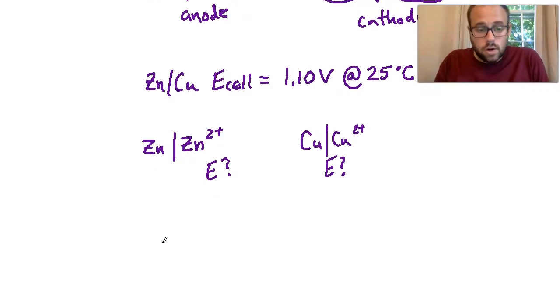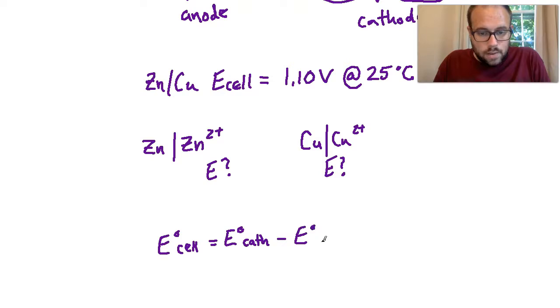All right, so that becomes problematic when you want to actually take a reading of a half cell, because the way that this works is that the standardized E cell is going to be equal to the standard cathode value minus the standard anode value. Okay, so in the example above, copper was the cathode and zinc was the anode.